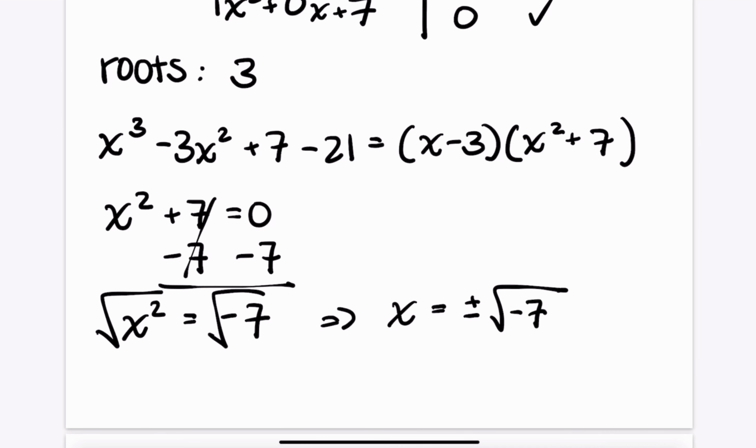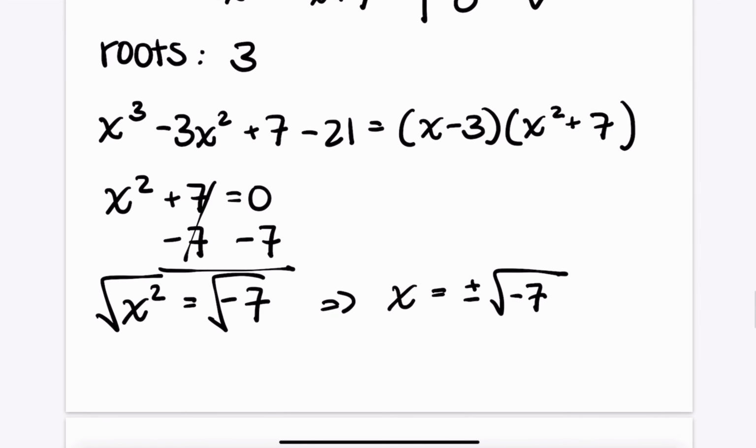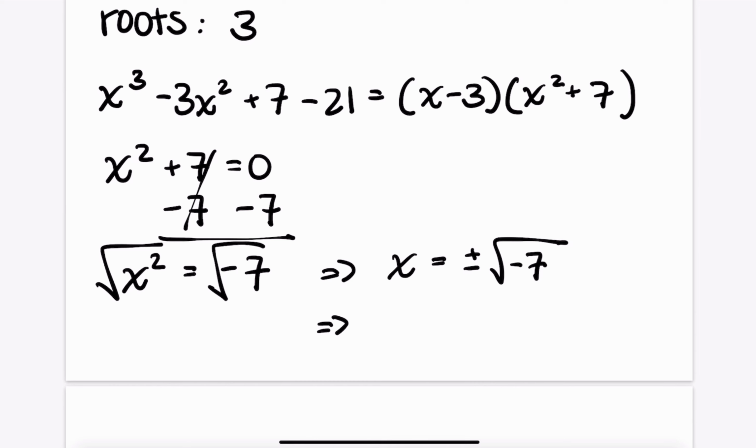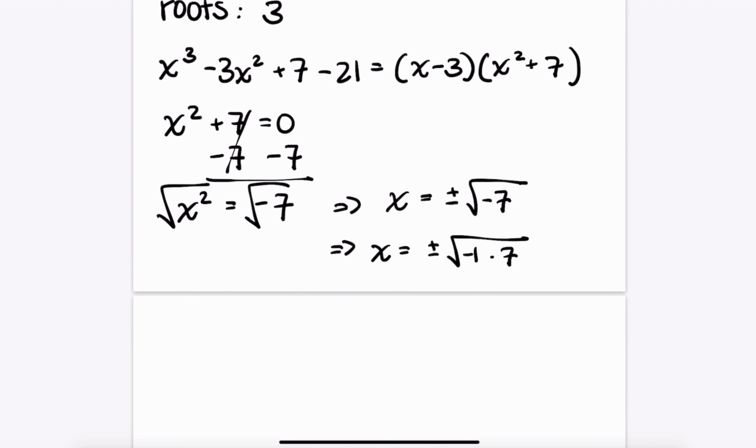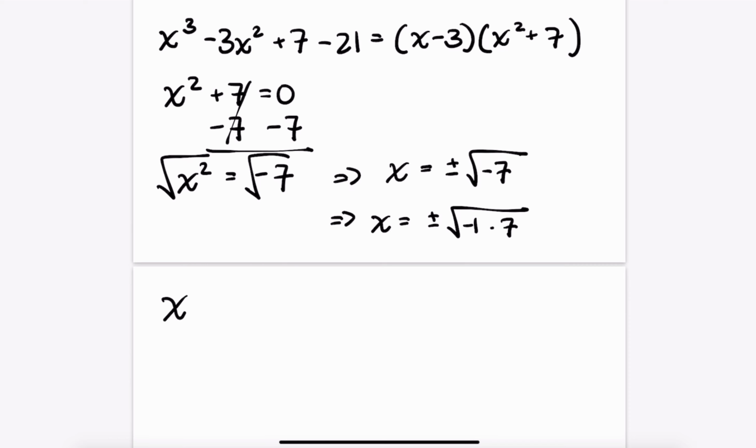And remember, when we take the square root of a negative number, this is where the complex numbers come into play. We can see that x is equal to plus or minus the square root of negative 1 times 7, and the square root of negative 1 is i. So ultimately we're going to get x is equal to plus or minus root 7 i.